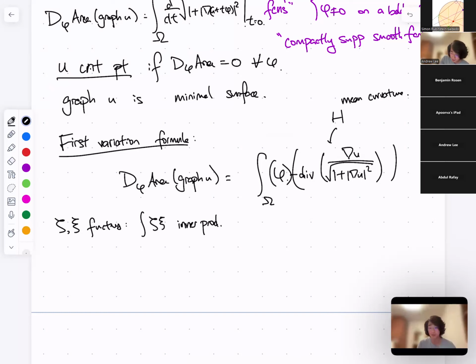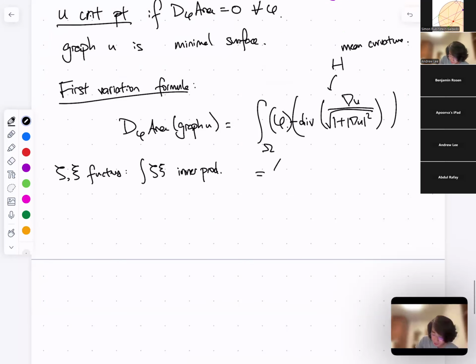And so here I can think of this as an inner product of phi with H. This is the analog of the above equation with the directional derivative and the gradient, which allows us to think about this mean curvature as the gradient of area. And in general, you can define this mean curvature quantity even if you're not in this parametric form, this graph over an n-dimensional space.